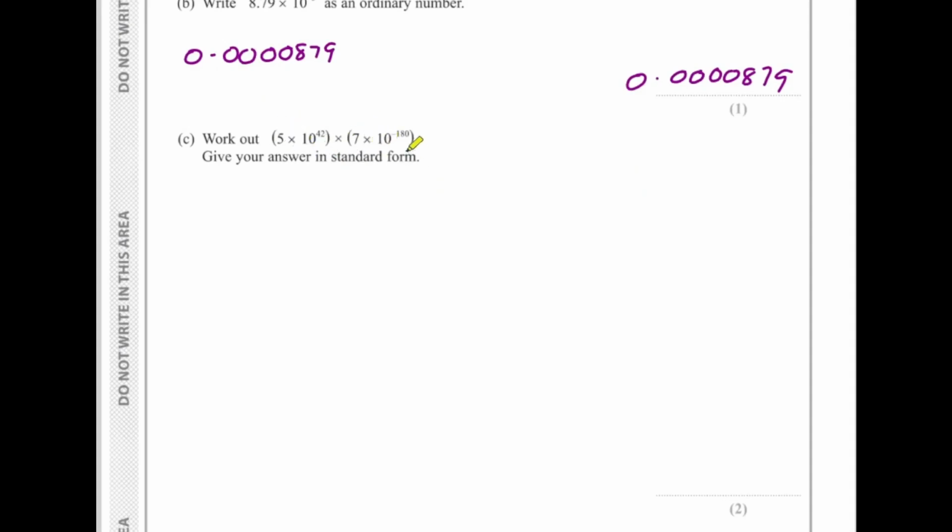Next one, work out 5 into 10 to the power 42, the whole thing in brackets, multiplied by brackets 7 into 10 to the power minus 180, close the bracket. So let's rewrite the sum. 5 into 10 to the power 42 into 7 into 10 to the power minus 180.